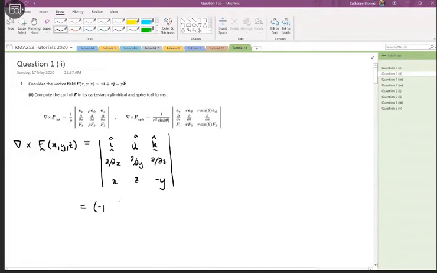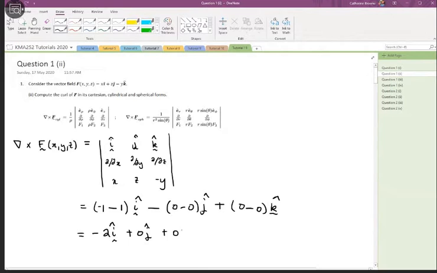Differentiate z with respect to z, we get 1, so minus 1 i. And then everything else is going to be 0 derivatives. So the curl in Cartesian coordinates is minus 2i plus 0j plus 0k.